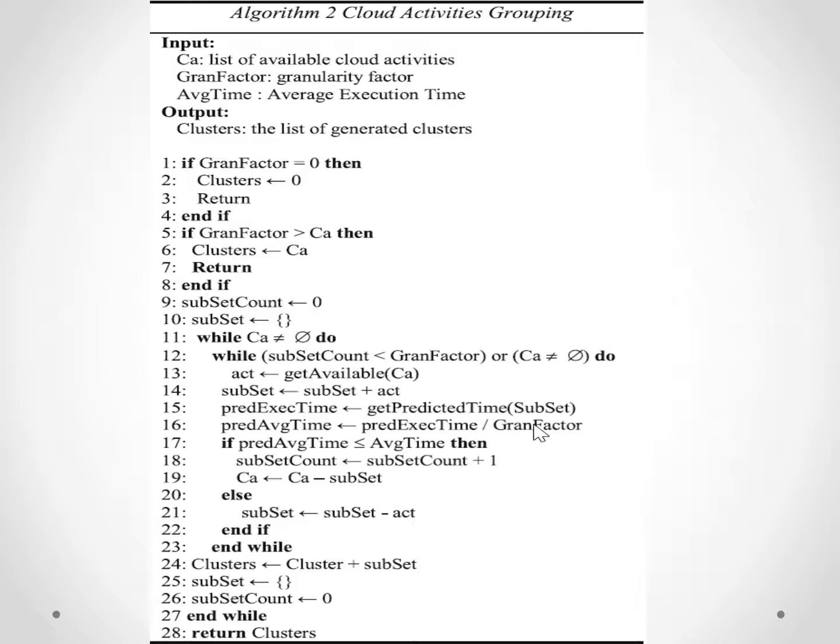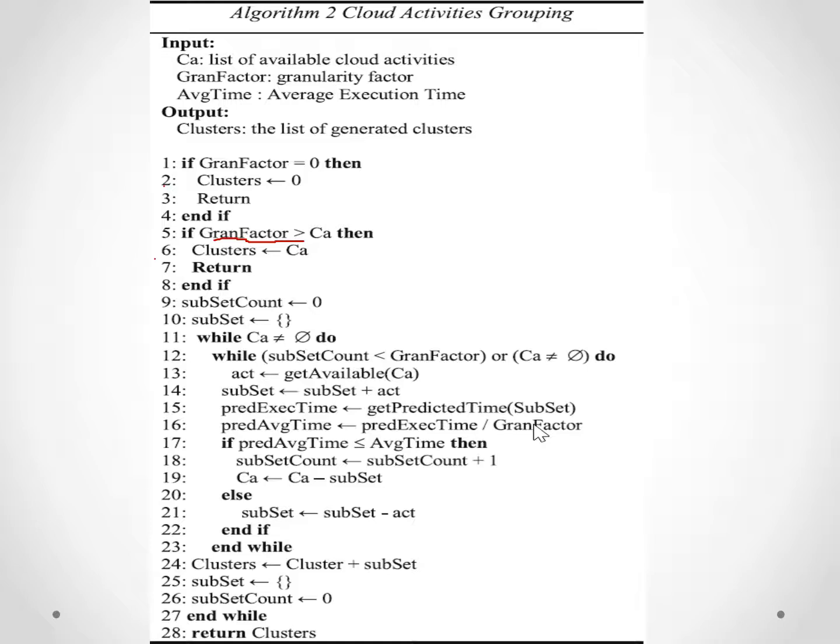Now, in this algorithm, line 2 verifies if the granularity factor is null, and in this case the group is impossible to be set. Now in line 6, if the number of available cloud activities to be grouped together is smaller than the granularity factor, as we can see here, then just one group is formed.